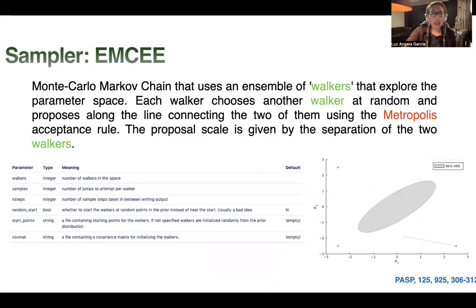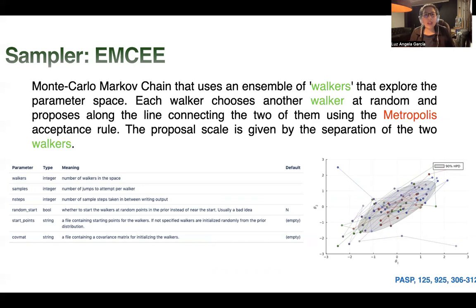And to explain that, I'm going to use the sampler EMCEE, that basically uses walkers in order to cover all the parameter space and explore the different possibilities for the parameter values. And then each walker is going to move to a different place randomly once it reaches a particular threshold that has been predefined.